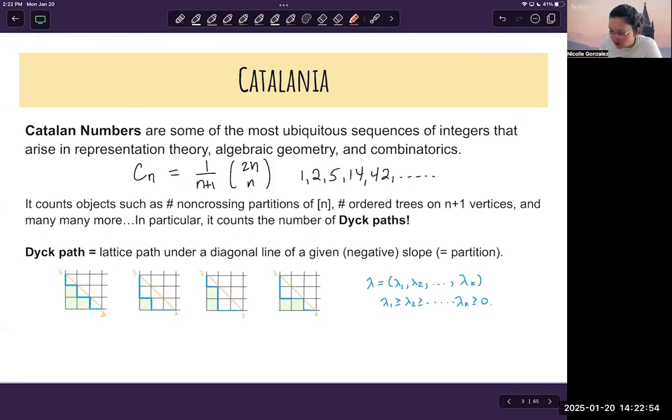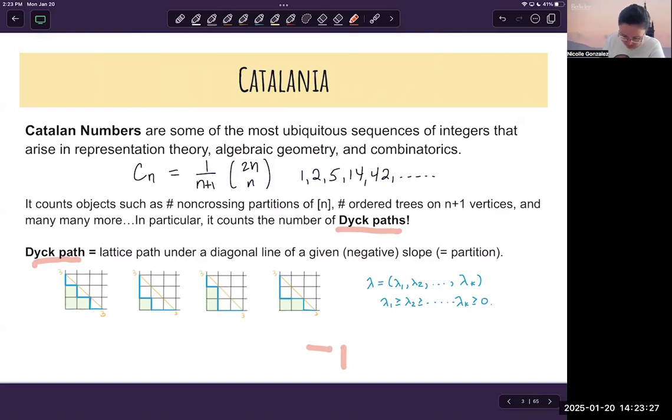For the purposes of this talk, the things that we are most interested in that they count are Dyck paths. So Catalan numbers count the number of Dyck paths in an n by n square. Let me tell you what that means. For us, a Dyck path is just a lattice path that you can draw consisting of only vertical or horizontal steps that are bounded by a diagonal, in this case of slope 1, with endpoints being 3 and 3.